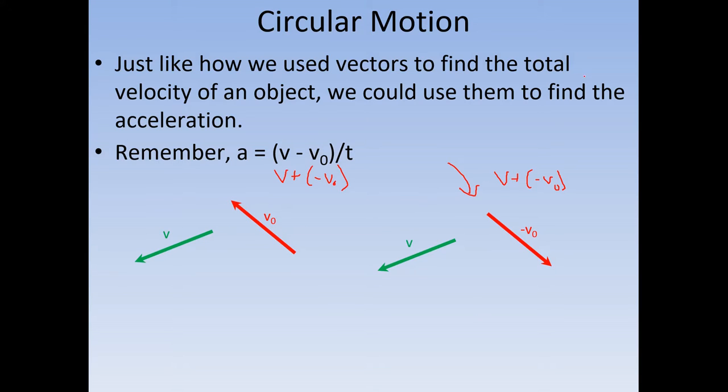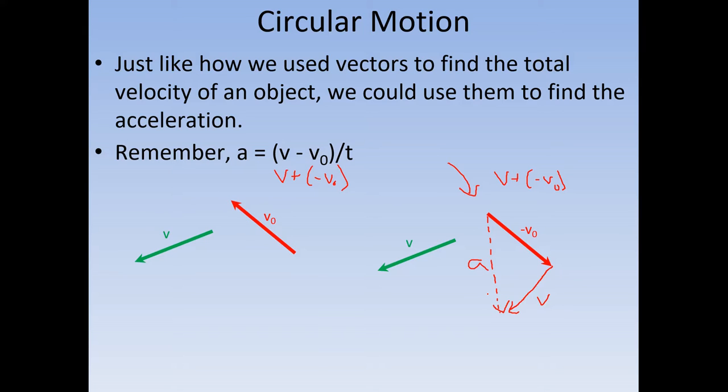I can then take v over here, redraw it so it matches exactly what I have here. And it turns out that if I drew my arrows correctly, the resultant of these two will end up being the direction of the acceleration.